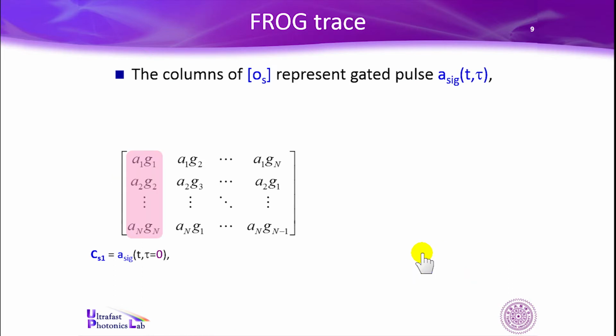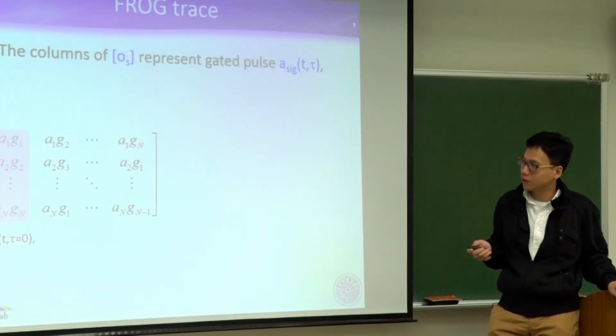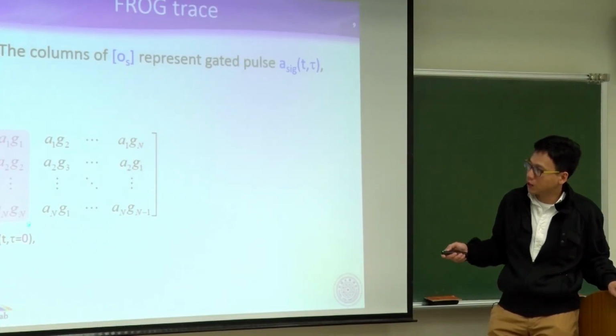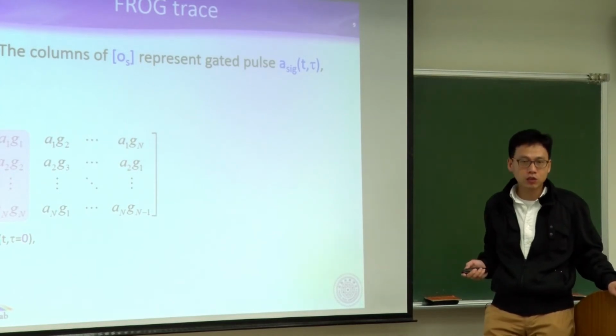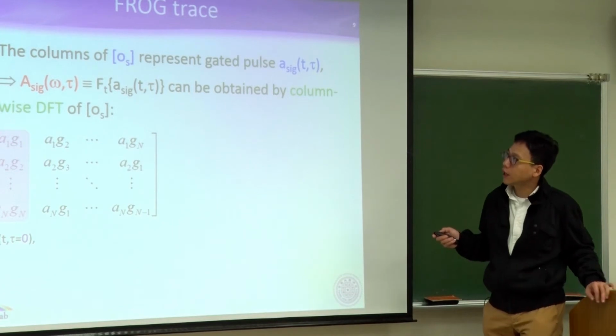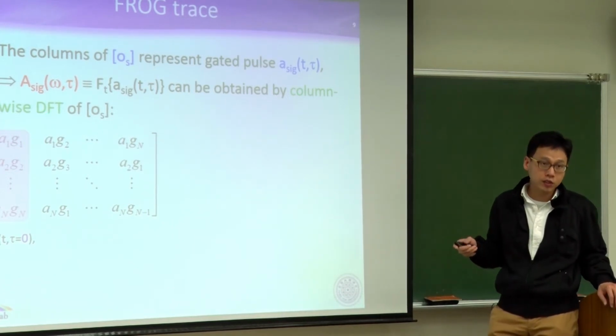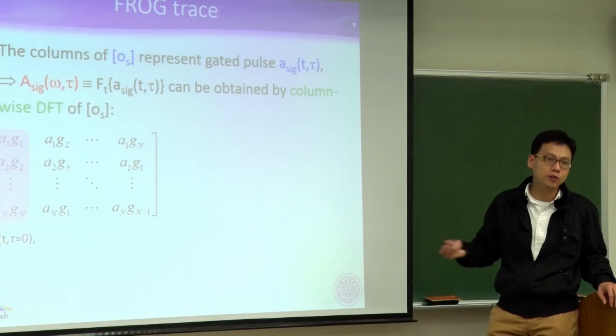Good. But we need the FROG trace. So what can we do? As we have seen on the last page, the columns of the O sub S matrix represent gated pulses A sub sig of t and tau. Like the first column means A sub sig when tau equals 0. So you can do a column-wise DFT. DFT means discrete Fourier transform.